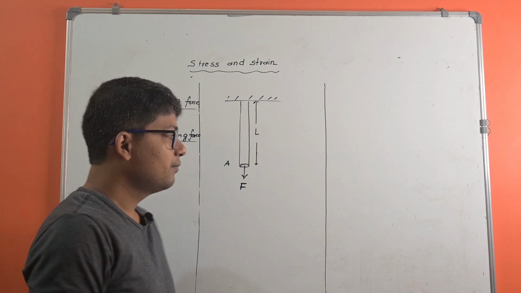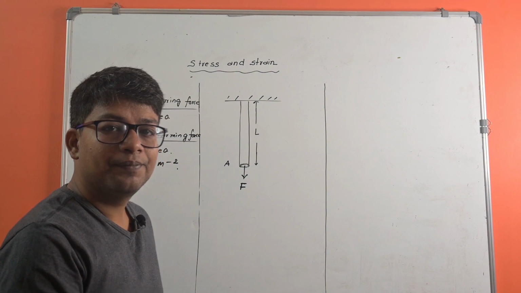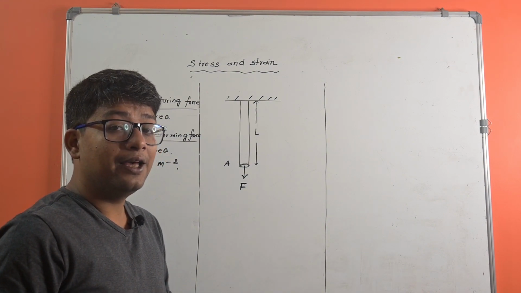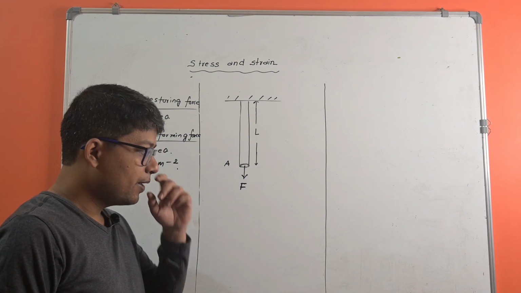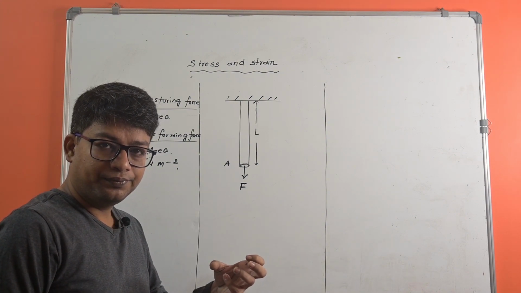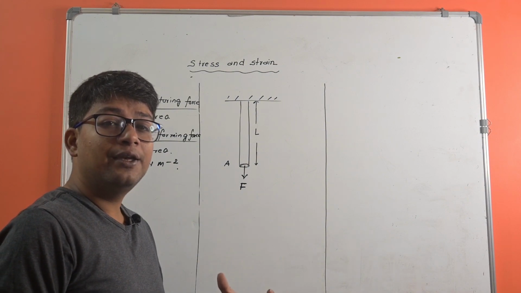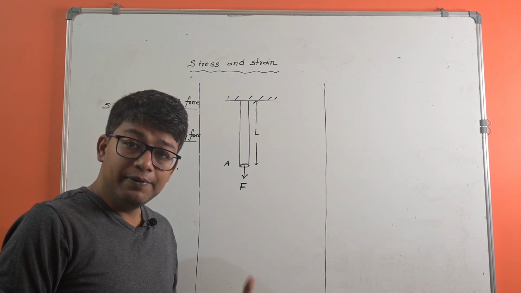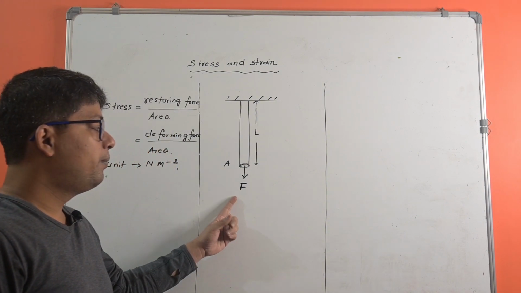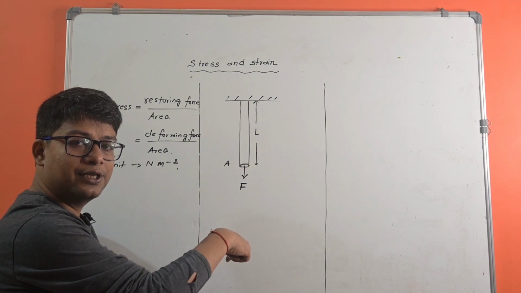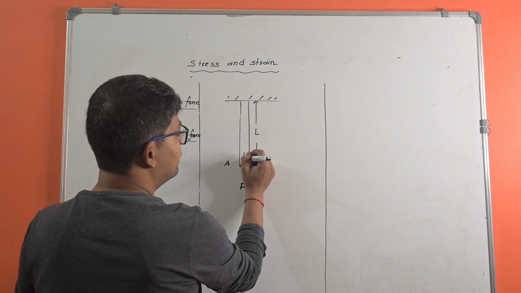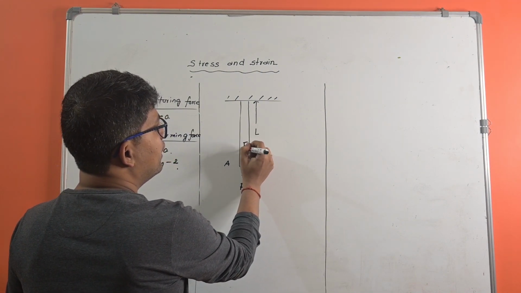When you apply this force, it's obvious that it will create a deformation in the wire, and as a result a restoring force will be developed inside the wire, which will be opposite and equal to this applied force. So if the applied force is downwards, the restoring force will be upward, and opposite and equal.